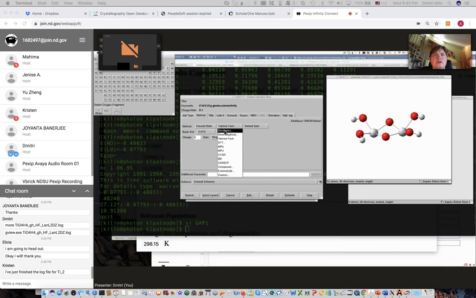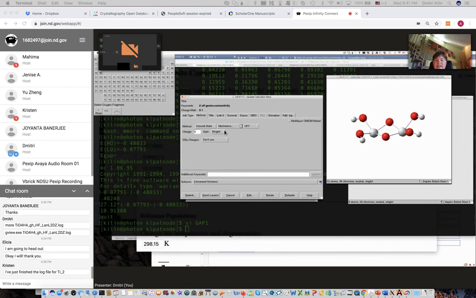Hi, Dimitri, I have a question. Because my Gaussian view cannot display the molecule structures, should I convert the log file to PDB and then open with Avogadro to check if my structure is correct or not? Or is there other ways to do that? Yes, it is a good plan.